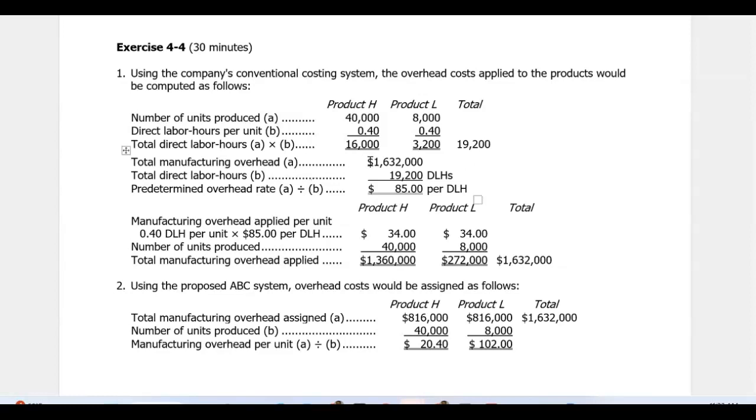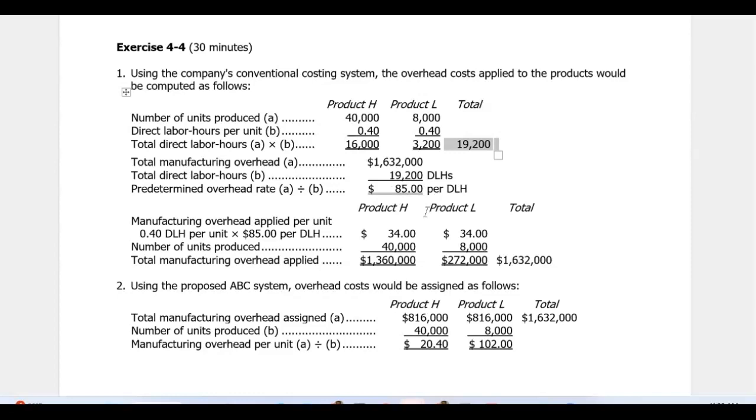The manufacturing overhead is given to us as estimated to be $1,632,000, and the estimated direct labor hours we just computed is 19,200 hours. That means the predetermined rate for manufacturing overhead would be $85 per direct labor hour.